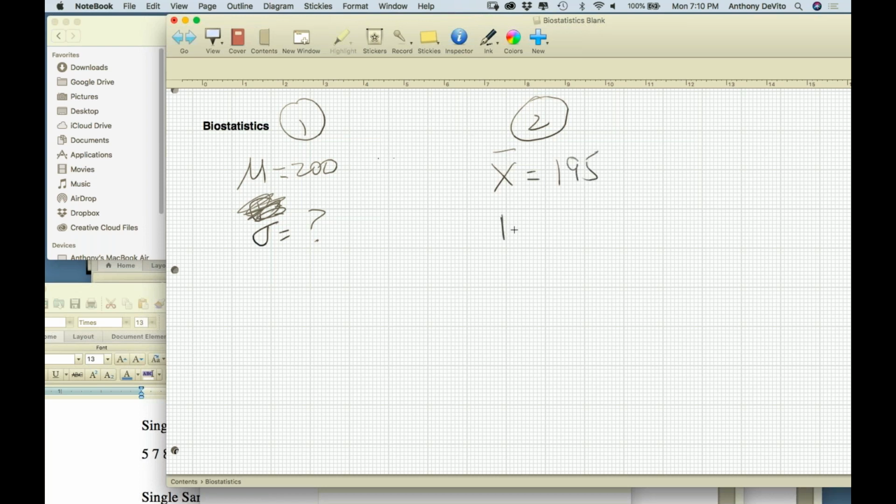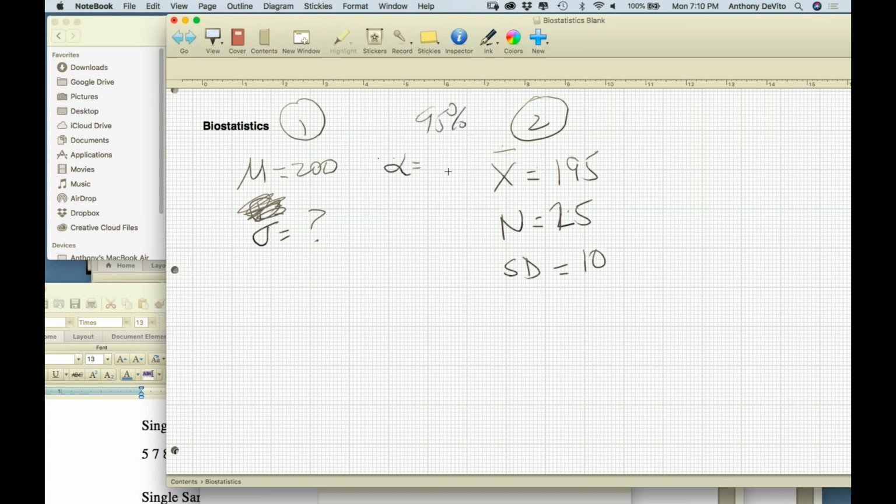I'm going to start a little bit smaller, say sample size is equal to 25, and the standard deviation of my sample happens to be, let's say, 10.